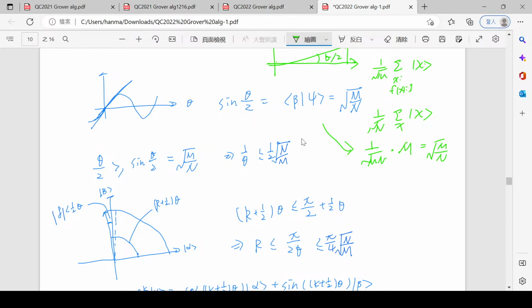Okay. And anyway, you see that when n is larger, this number is smaller, which makes it harder to find, as we would think. And when m is larger, this number will also be larger, making finding easier. Okay.